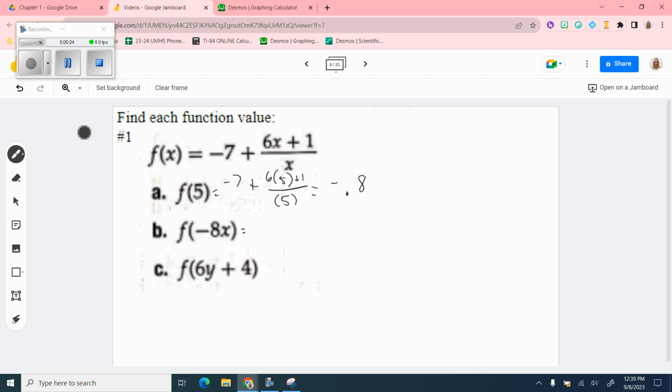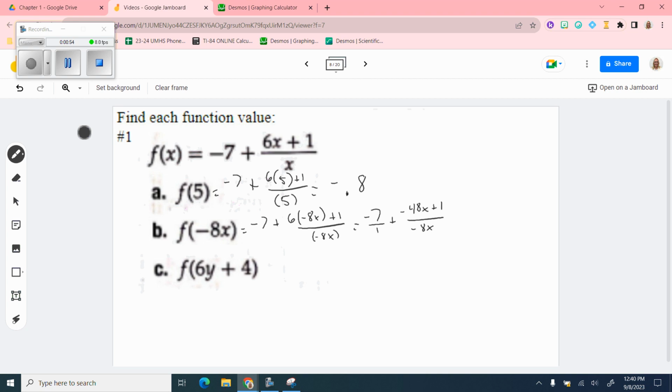Over here, when we plug in negative 8x, we're going to have negative 7 plus 6 times negative 8x plus 1 over negative 8x. That is going to end up simplifying to, and I'm just going to do negative 7 over 1 here, plus negative 48x plus 1 over negative 8x.